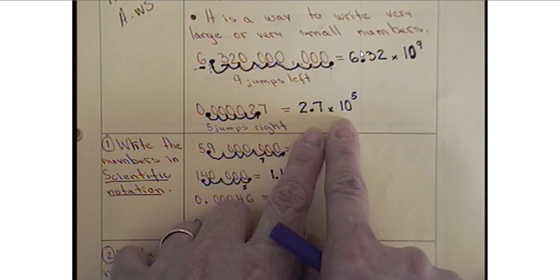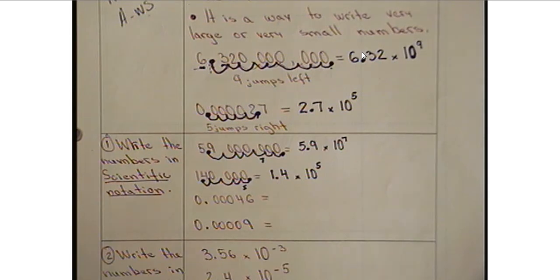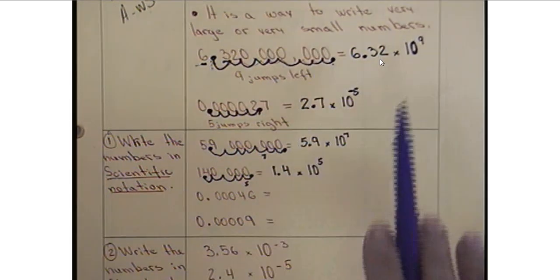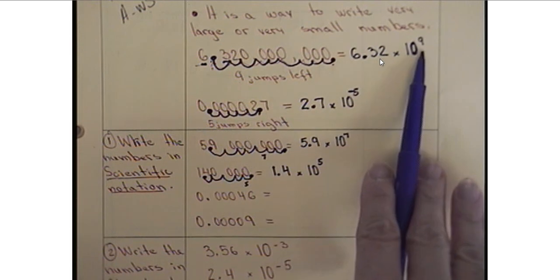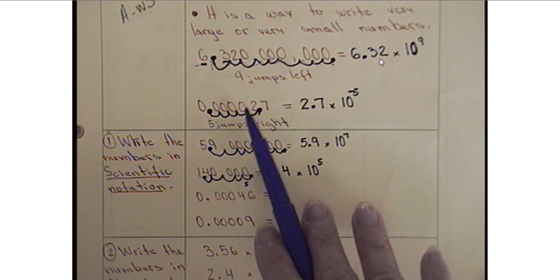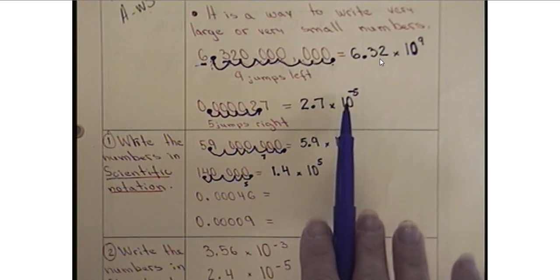So now I want you to write down a negative sign up here. And remember, every time we deal with large numbers, we keep the exponent positive. Every time we deal with really small numbers, then the exponent becomes negative. So let's take a look at those small numbers.